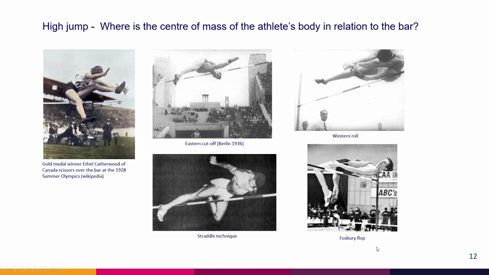I think it's safe to say that in these four techniques, the center of mass is approximately at the yellow circle position, and we can see that it's clearly above the bar when the person is clearing the jump.